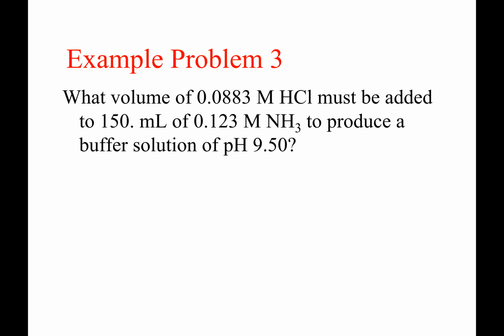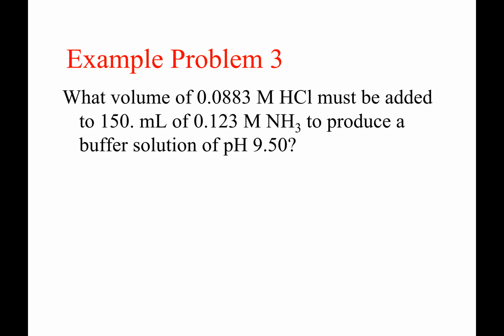Notice the problem says that what we're going to do, and it feels kind of strange, is drip in HCl. Specifically, I have the molar concentration of 0.0883 molar HCl. So this is a strong acid, right?